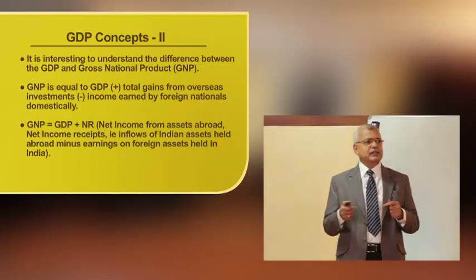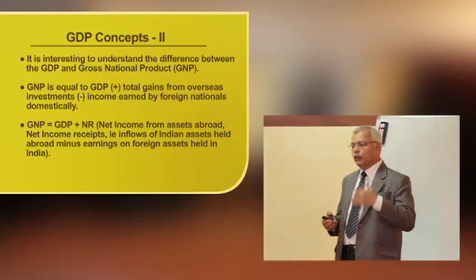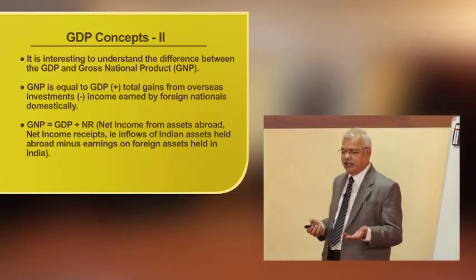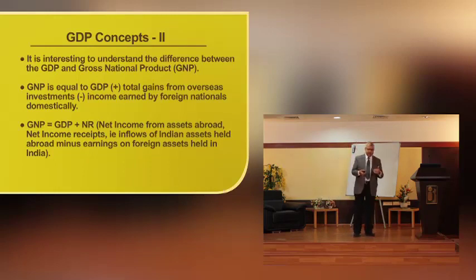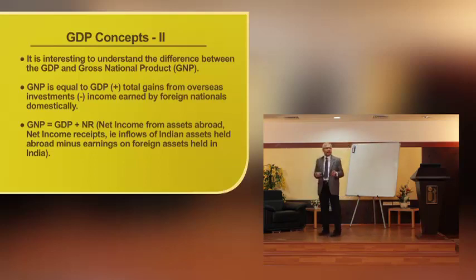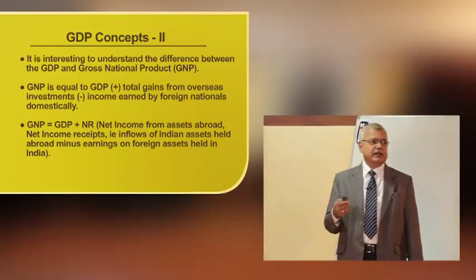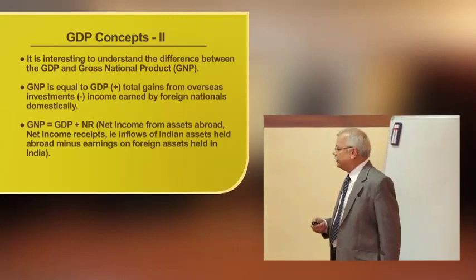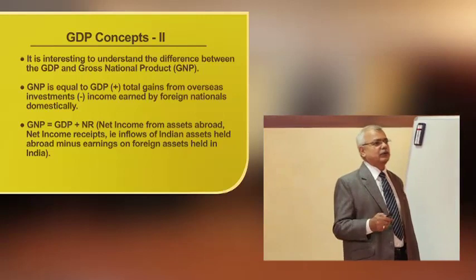GNP will be more than GDP naturally, unless those foreigners working in India are much more and their income levels are much more, then only it goes on the negative side. Otherwise, normally GNP is more than GDP, because it gives a netting impact, GDP plus the non-resident outflows and inflows.